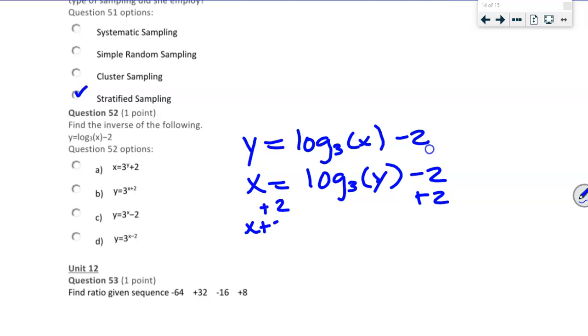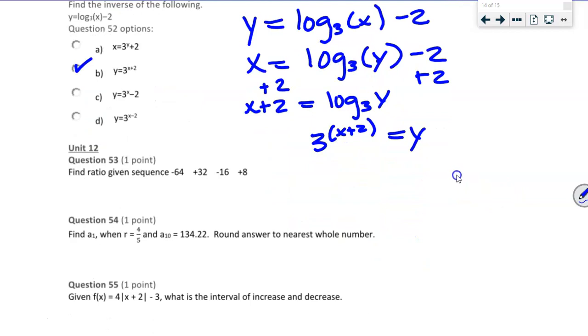So that's going to be x plus 2 equals log base 3 of y. And then we're going to put it in exponential form, right? So this is going to be 3 to the x plus 2 equals y. So 3 to the x plus 2 is that one. Okay?